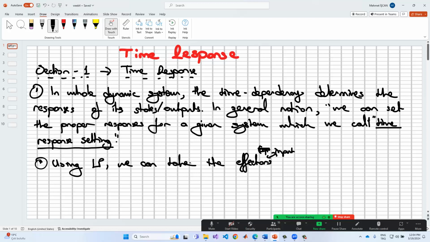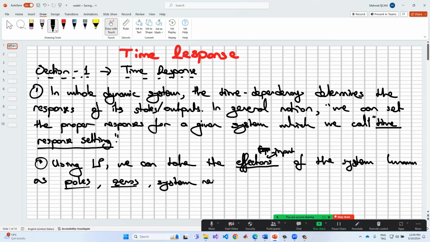Okay, and so we can take this effectors of the system known as, we can condition of these effectors as the poles, zeros, and system responses.